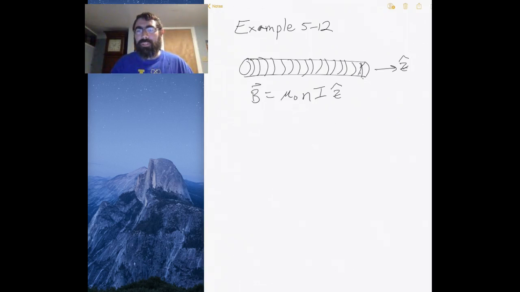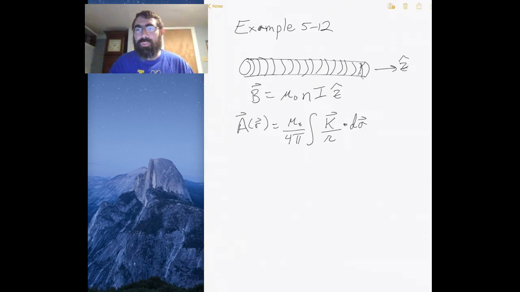So it turns out that since we've chosen to study an infinitely long solenoid, we can't use Coulomb's law, where we said that the magnetic potential was mu zero over 4 pi, the integral of the current density over the distance, dotted into the area.